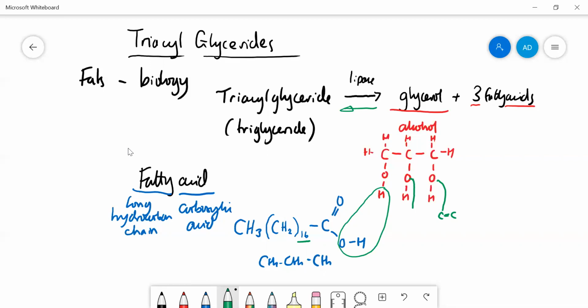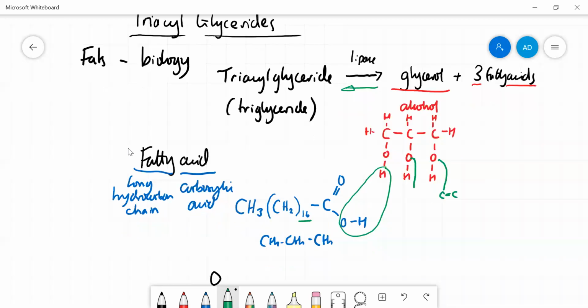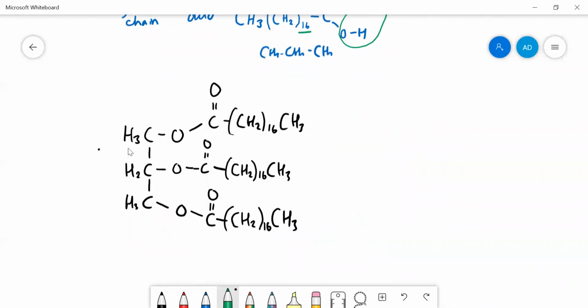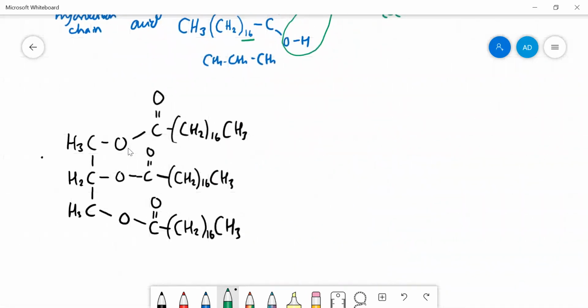Okay, so let's try and draw a triacylglyceride. That was what I started off with. I'm going to leave that there and just build it up. First of all, we want to draw propane-1,2,3-triol, and it's probably easiest if you draw it sideways on. Let's do it in red. We're going to have 3 carbons like this, with H's attached everywhere.